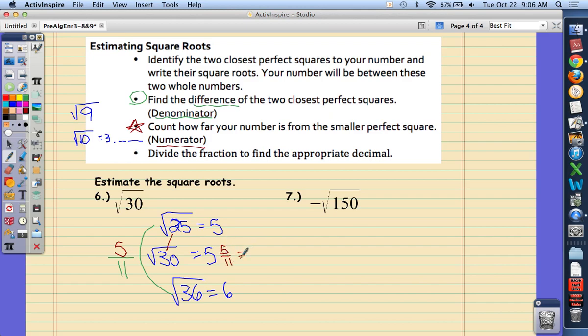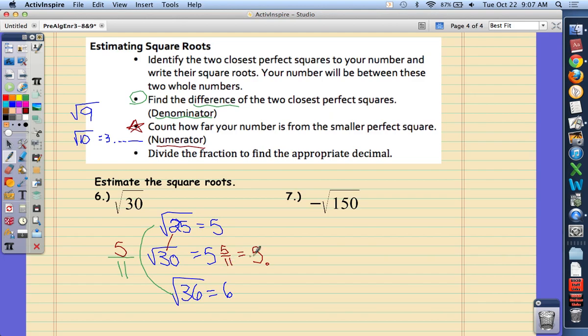You can make this a decimal, though, and you can estimate that. 5/11ths, what is that? That's about a half, right? It's really close to a half. Is it a little bit under, a little bit over? It's just a little less than half. 5.5 out of 11 would be a decimal of 0.5 or a half.